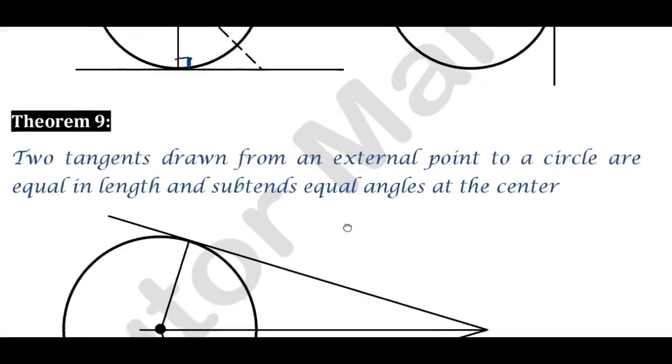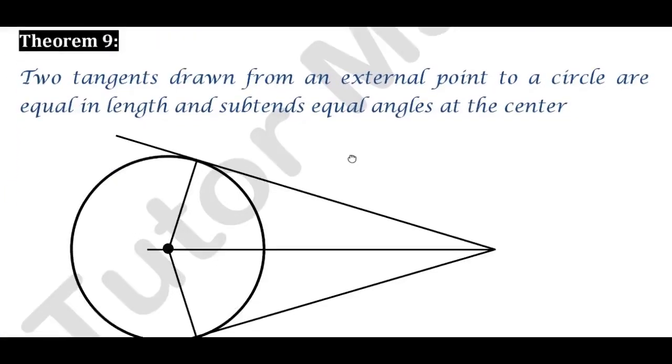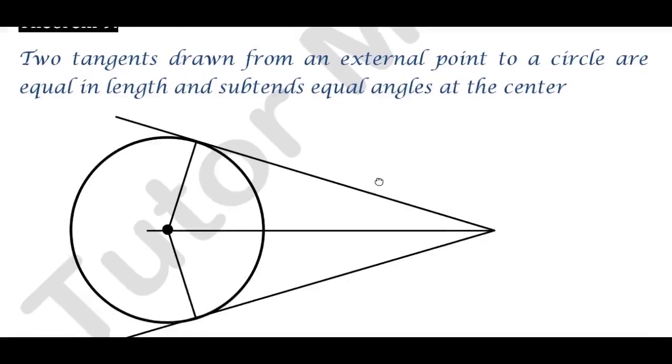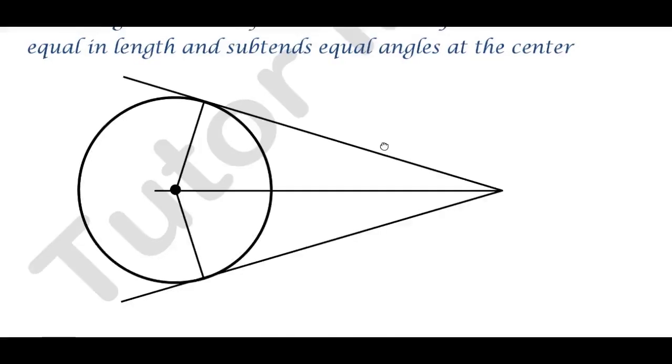Let's talk about theorem 9. Two tangents drawn from an external point to a circle are equal in length and subtend equal angles at the center. So there are a lot of things that we need to know from this theorem.